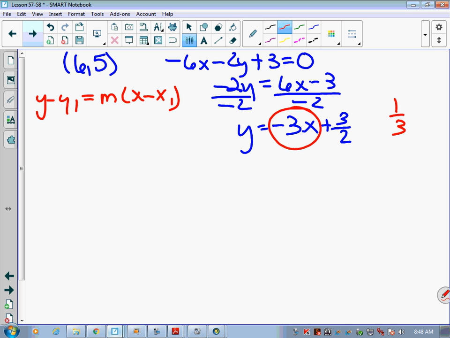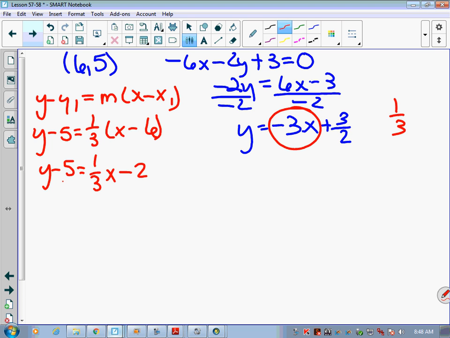So y minus 5 equals 1/3 times x minus 6. Solve this. So y minus 5 equals 1/3 x. 1/3 times negative 6 is negative 6/3, which is negative 2. Minus 2. Add 5 to that. So y equals 1/3 x plus 3.